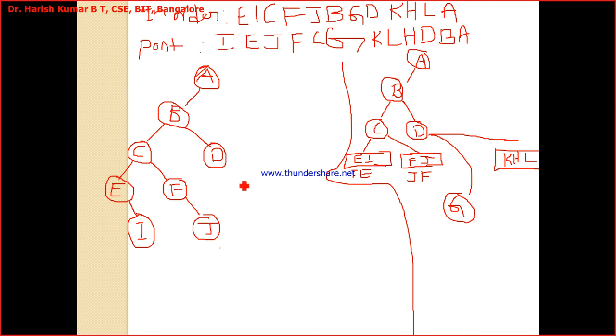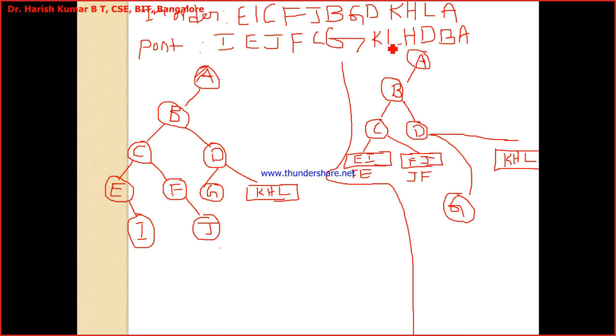Okay. Now D. So I have a left child for D. G is the left child, and now if I take this, I have K, H, and L. So I need to arrange this as per the sequence in the post order.